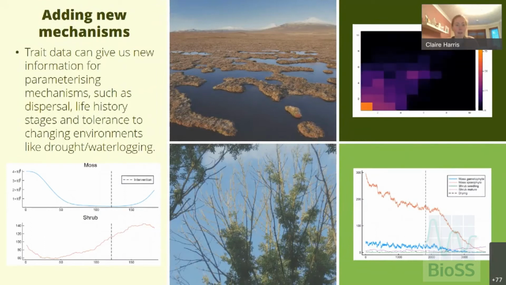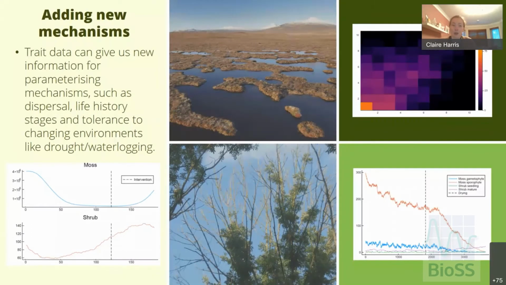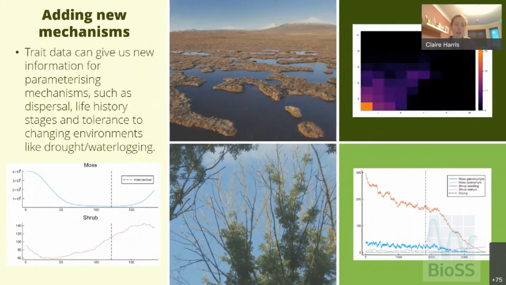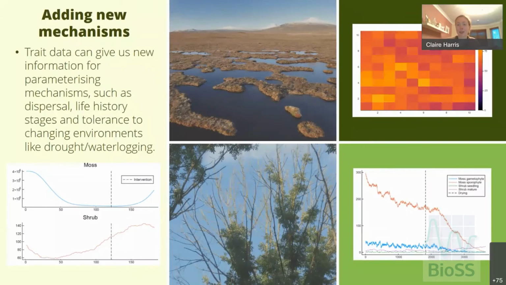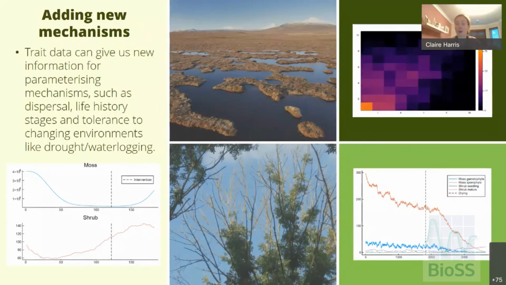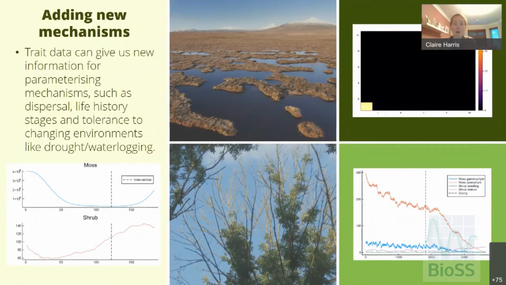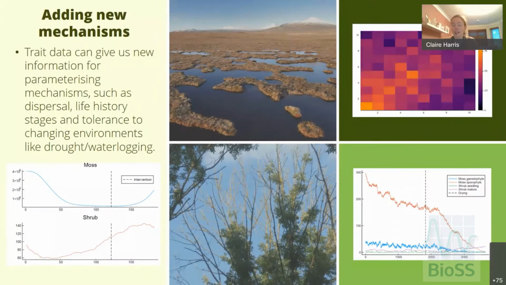So there is quite a lot of information on dispersal in this new data set. So we can think about the seeds themselves, the plants themselves, you know, how tall are they? So how far are they going to disperse their seeds? If they're windborne, are they spread by animals like birds?